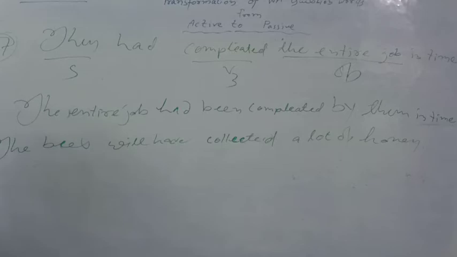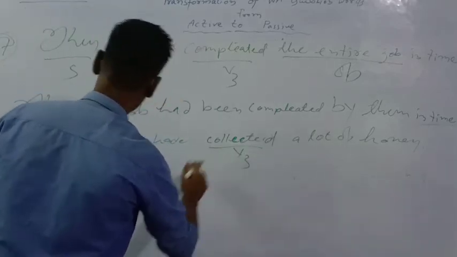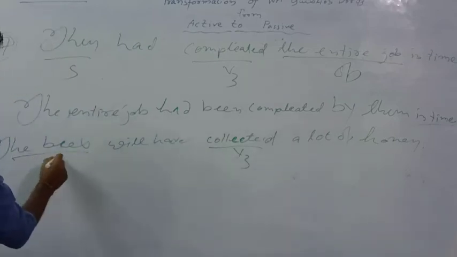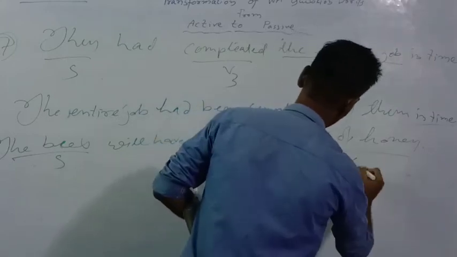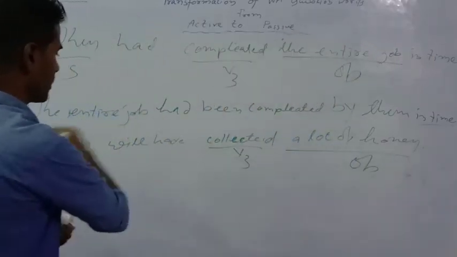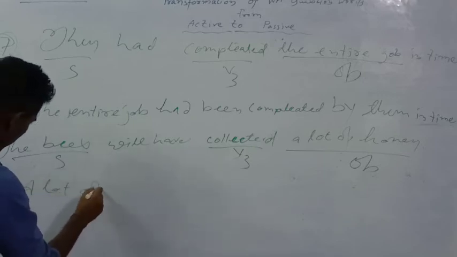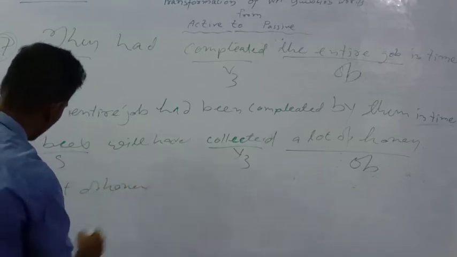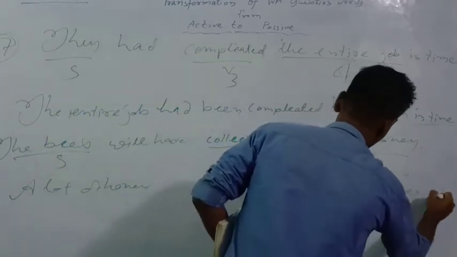So let us find out. Collected is the V3. Talking about the bees, bees is the subject. What collected? A lot of honey, object. Interchange. A lot of honey. Then here will go the bees, the bees.